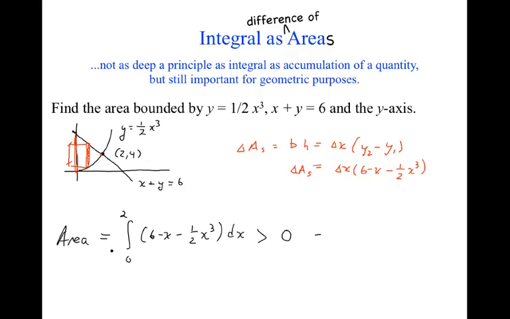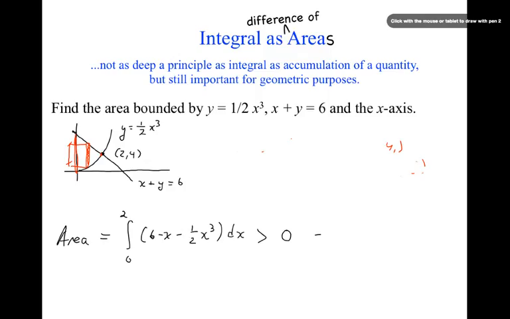Okay, so what about the region now bounded by these two curves and the x-axis? Let me erase here. First of all, it's the same two curves. We can keep that drawing. Can you see what we're talking about now?